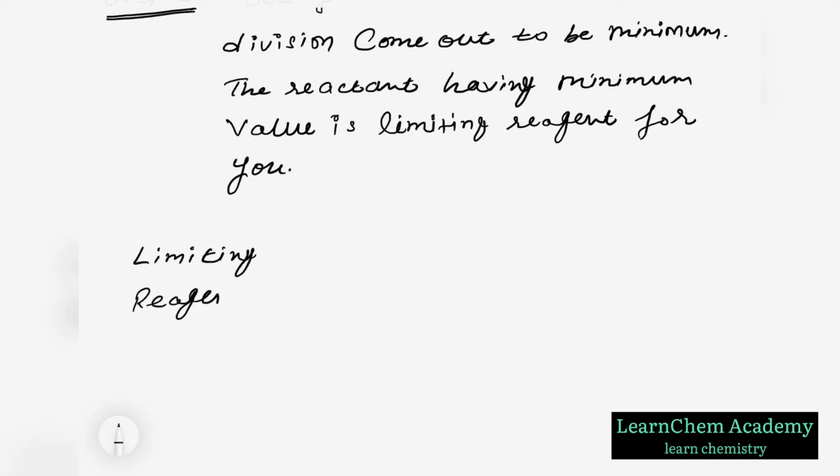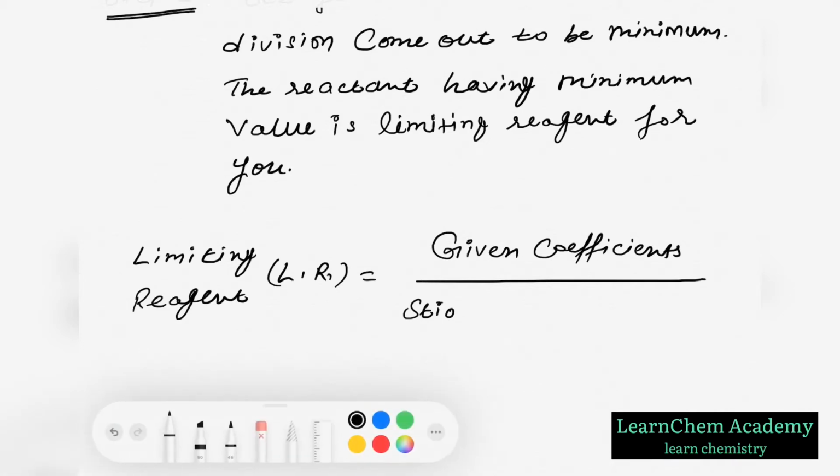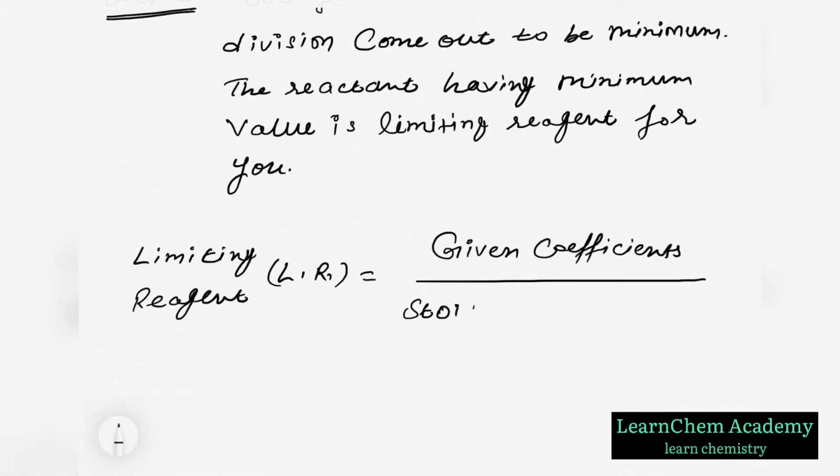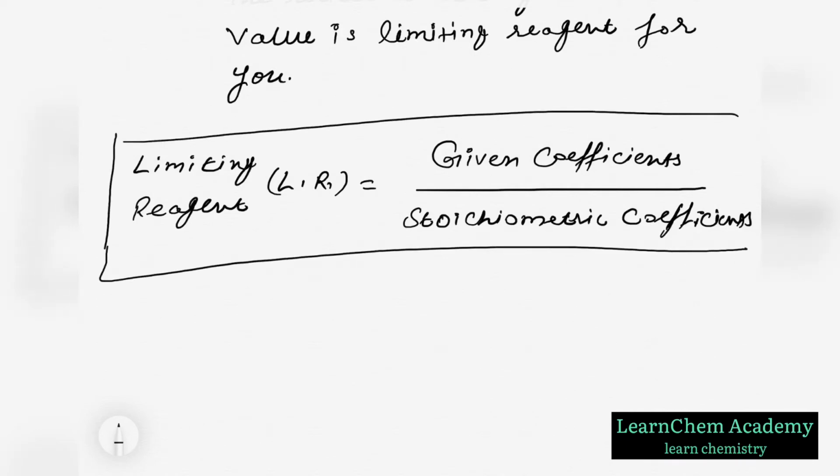Limiting reagent is given moles divided by stoichiometric coefficient. So this is the formula to get limiting reagent.